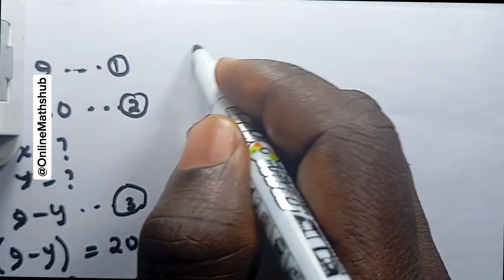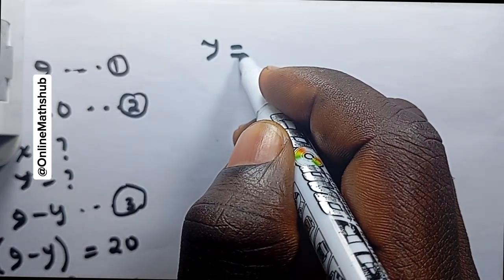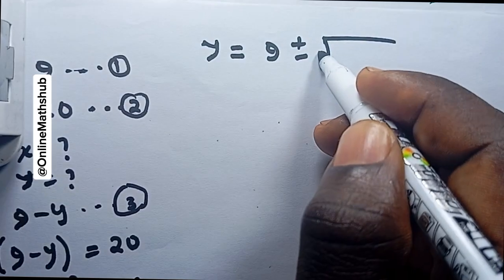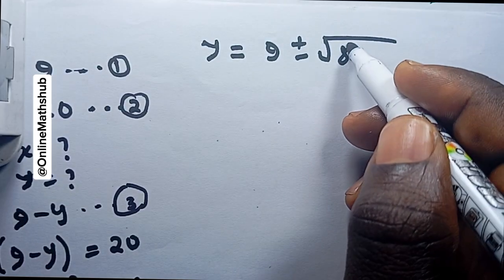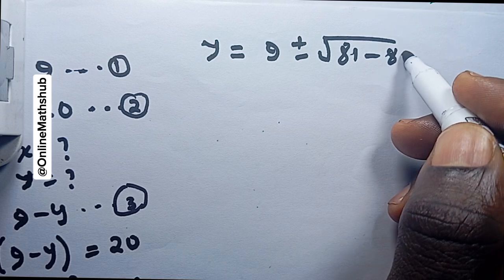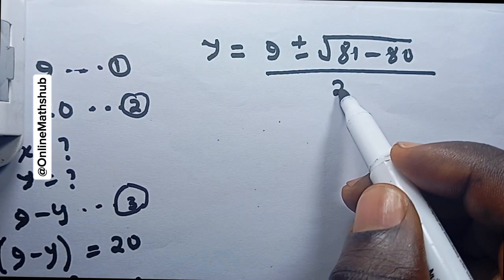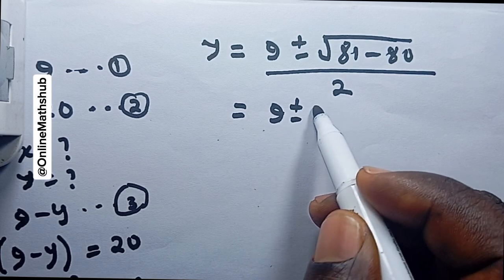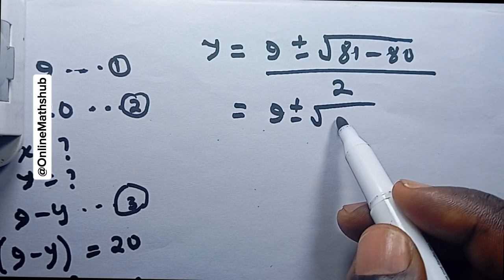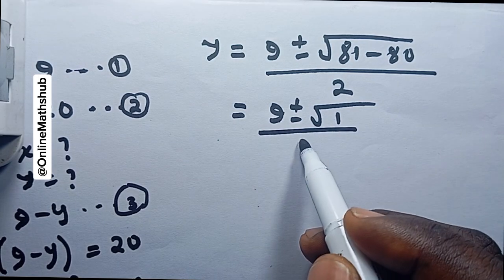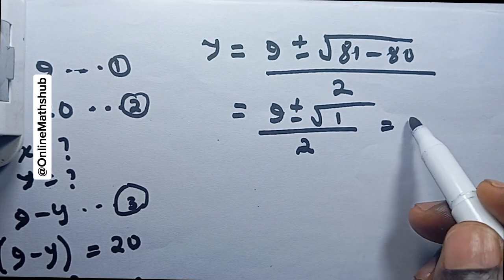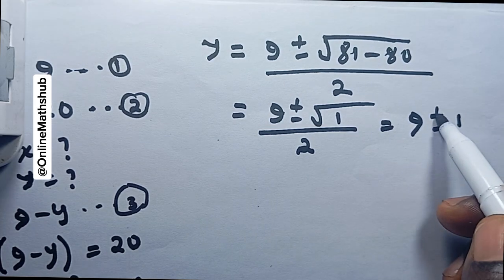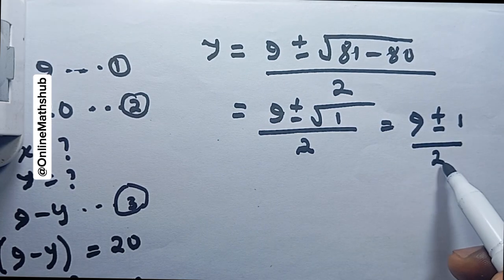So simplifying it from here, y will be equal to 9 plus or minus the square root of 81 minus 80 divided by 2. So this will be equal to 9 plus or minus the square root of 81 minus 80 is just 1, and then divided by 2, and this will be equal to 9 plus or minus the square root of 1 is just 1, and of course divided by 2.